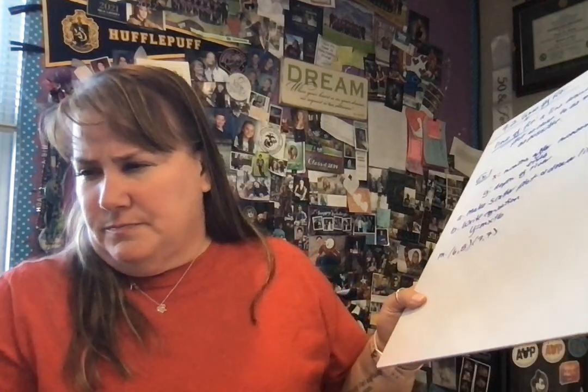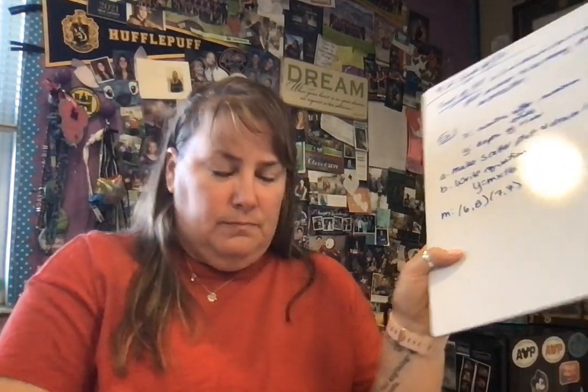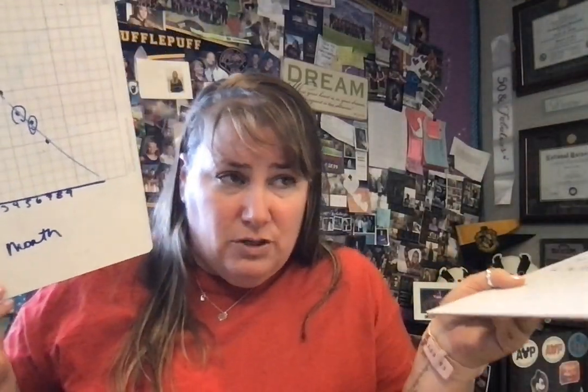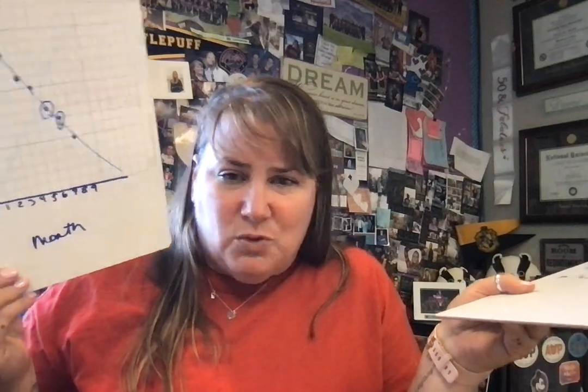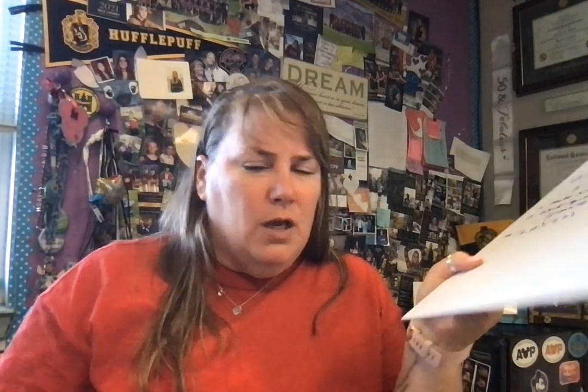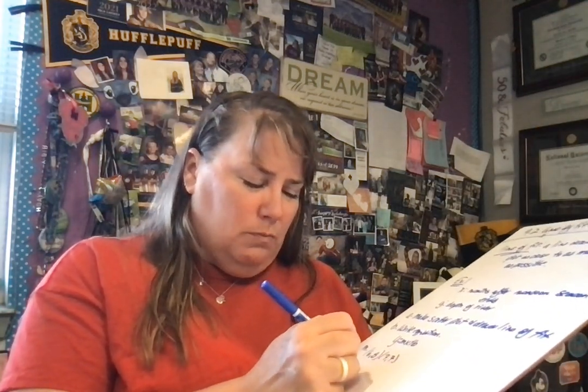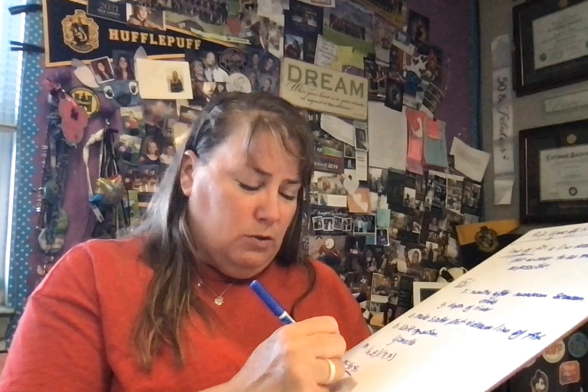So (6, 8) and (7, 7). You can't track this on the graph because it's not the same between every point. So we're going to the formula: m equals y2 minus y1 over x2 minus x1.